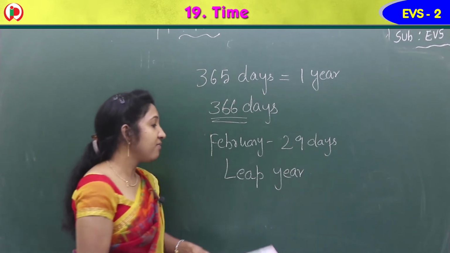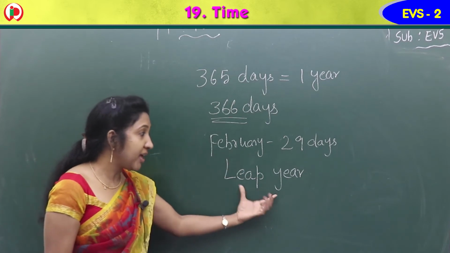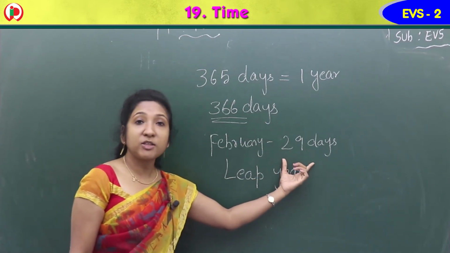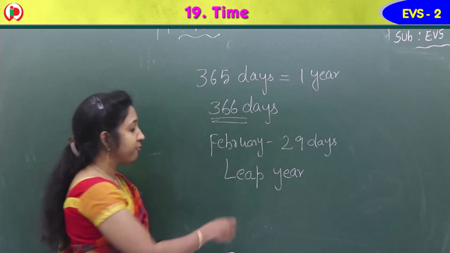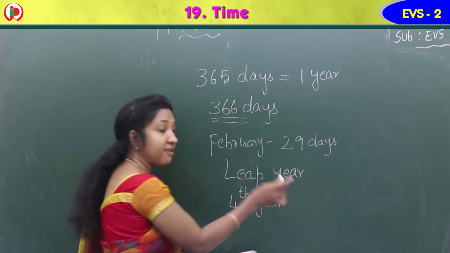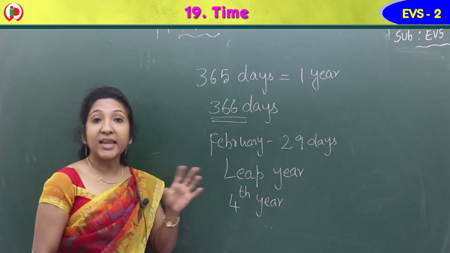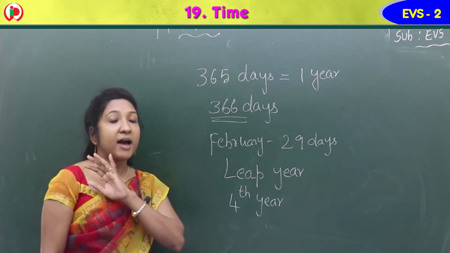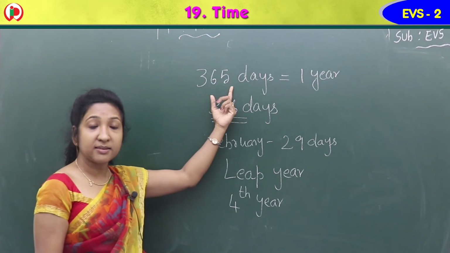A leap year has 366 days, and also in a leap year February always has 29 days. And a leap year comes every 4th year. Once in every 4 years, a leap year begins. Other than leap year, all other years we have only 365 days.